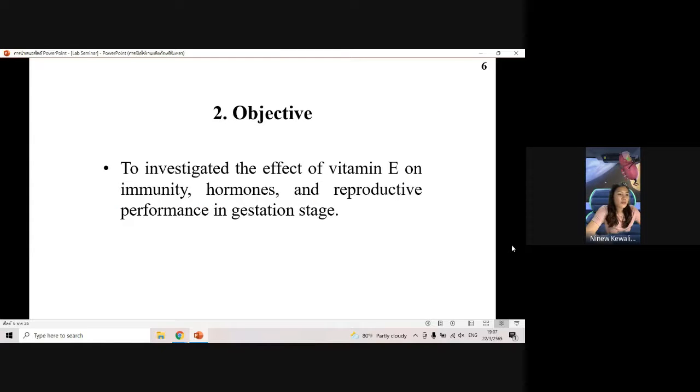The objective of this seminar is to investigate the effect of vitamin E on immunity, hormones, and reproductive performance in the gestation stage.